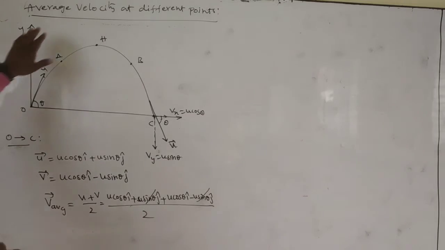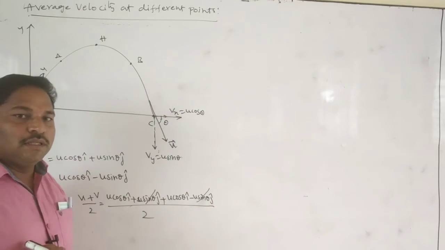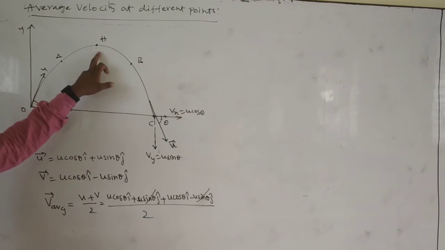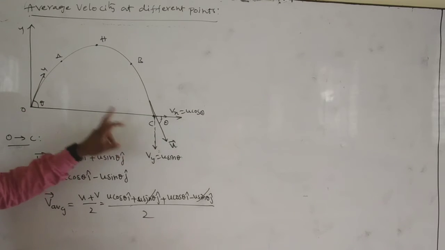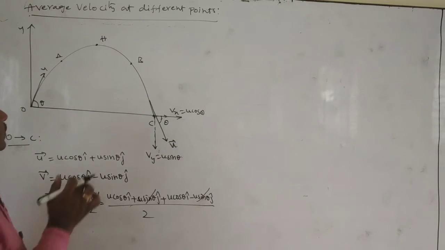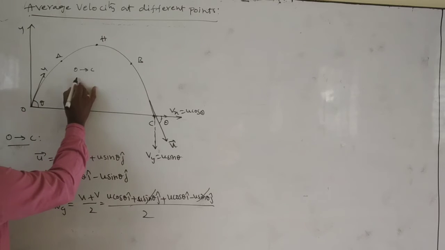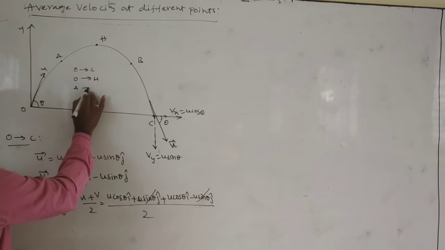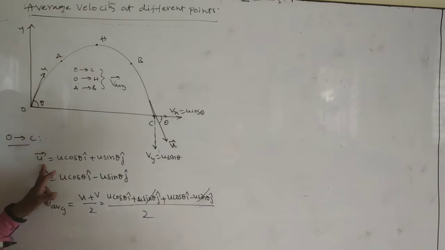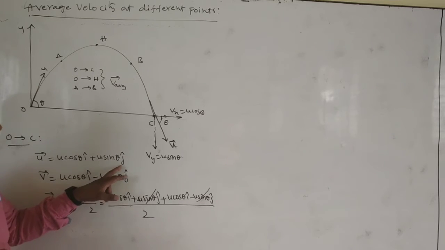So we are going to find the average velocity at different points: from O to H, O to C, and A to B. That means the complete time of ascent, and the complete time of flight from A to B. For A to B, the initial velocity is u bar equal to u cos theta i cap plus u sin theta j cap.